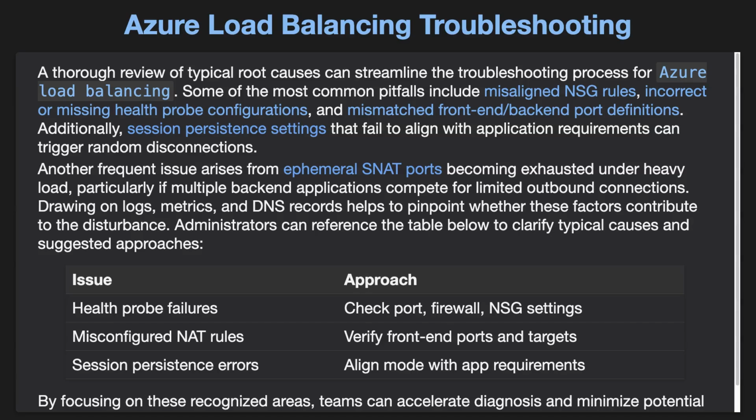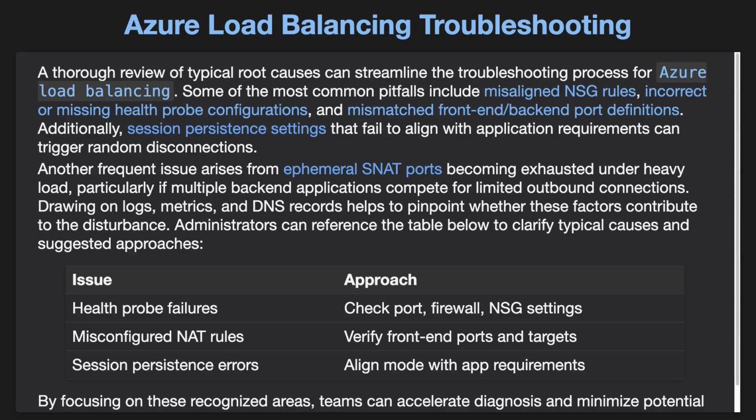A thorough review of typical root causes can streamline the troubleshooting process for Azure load balancing. Some of the most common pitfalls include misaligned NSG rules, incorrect or missing health probe configurations, and mismatched front-end/back-end port definitions. Additionally, session persistence settings that fail to align with application requirements can trigger random disconnections.